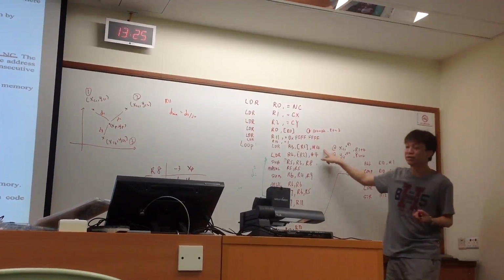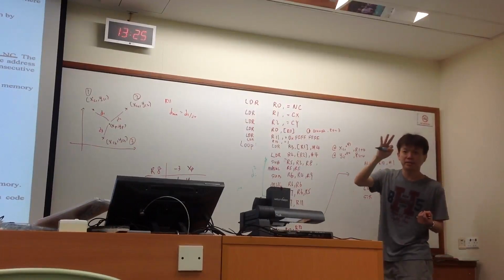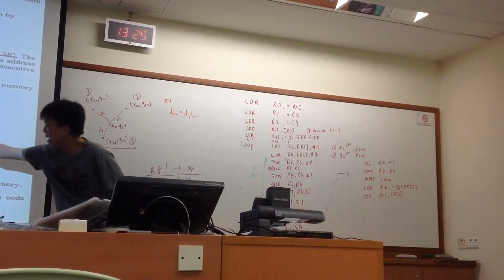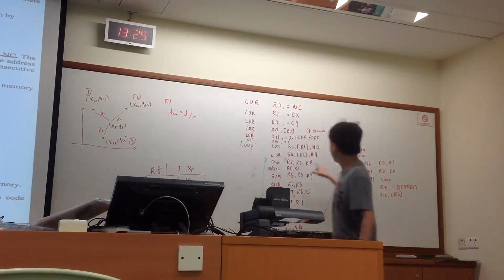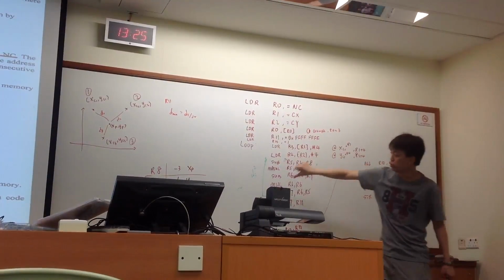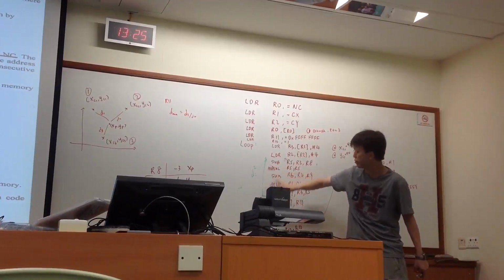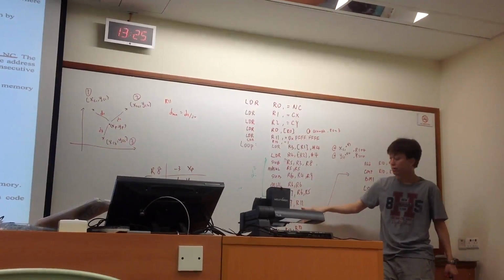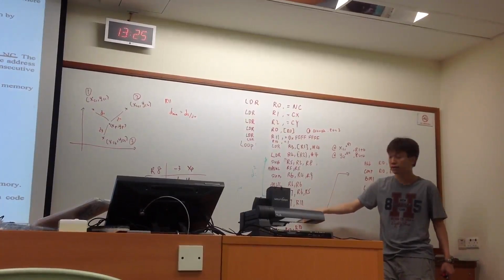You load the third object, 5 and negative 3, and do the calculation for D3. Then you compare D3 with R11. If less than or the same, you update.